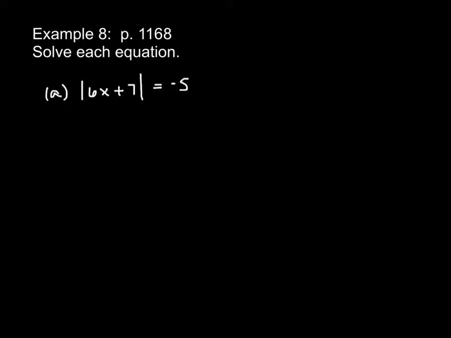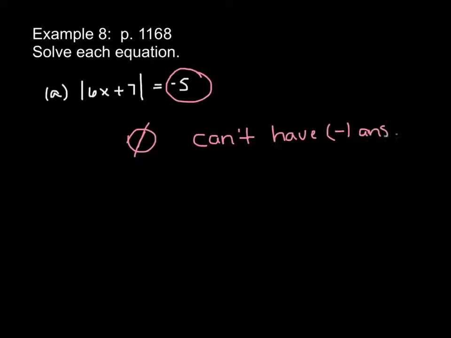So right now, without even solving anything, if this says the absolute value equals a negative number, this is automatically going to be no solution, because you can't have a negative for an absolute value. So if your absolute value is ever equal to a negative, then it's going to be no solution. Now notice that this is when the absolute value is already by itself.